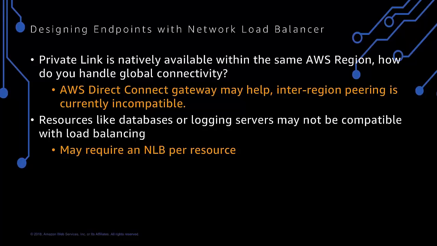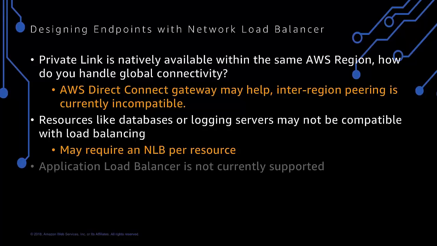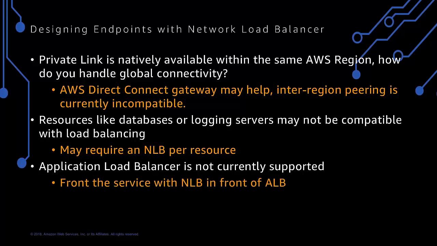And same thing, maybe you need the application load balancer for some reason. Maybe you need SSL offload, or maybe you like the path-based routing and layer 7 features of application load balancer. So how would you make that work with PrivateLink? Well, what you can do is put a network load balancer in front of the application load balancer, and then you can use the network load balancer to extend off all of the prefixes.